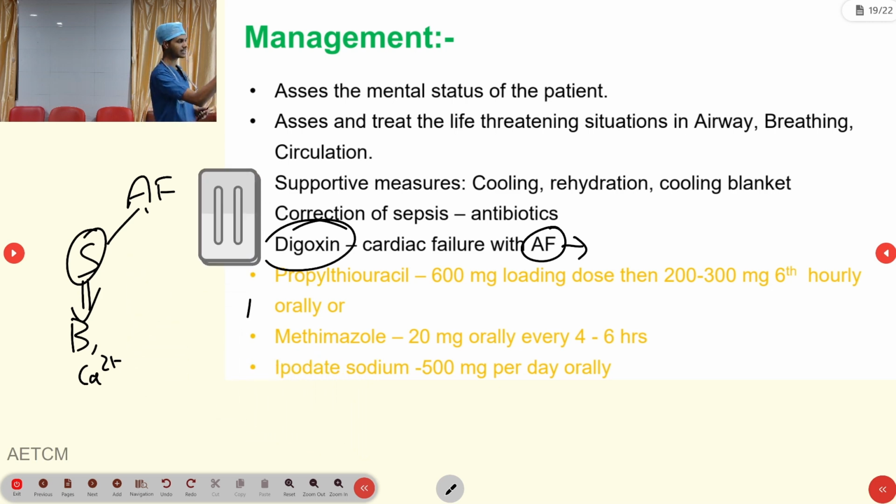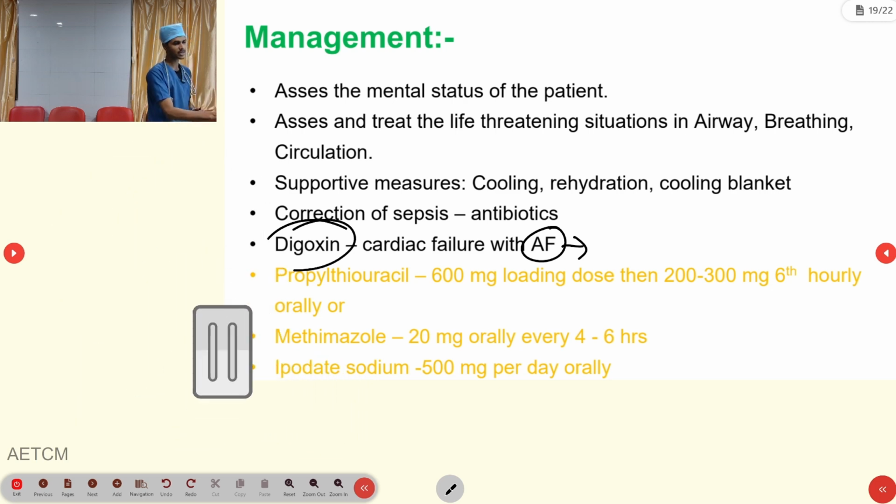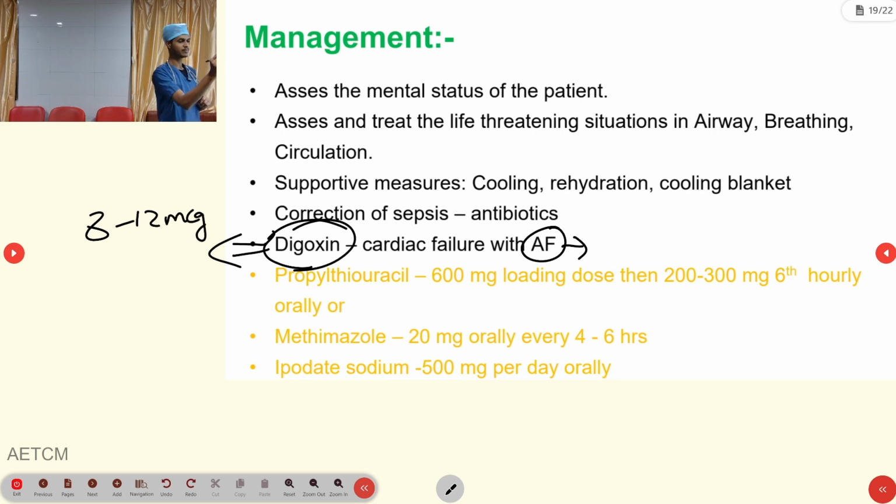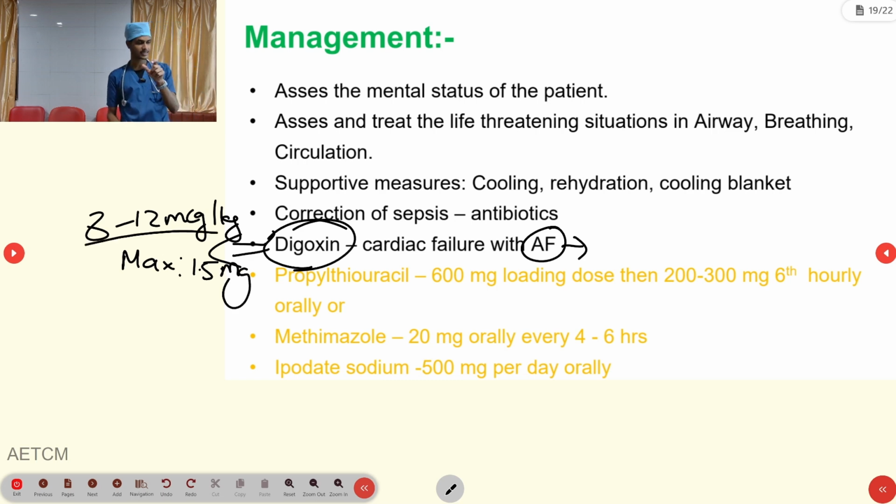In pre-hospital we won't use it as much, but in hospital we mainly practice digoxin. The ideal dose is 8 to 12 micrograms per kg, and the maximum you can go up to is 1.5 mg. Here, 8 to 12 micrograms per kg.